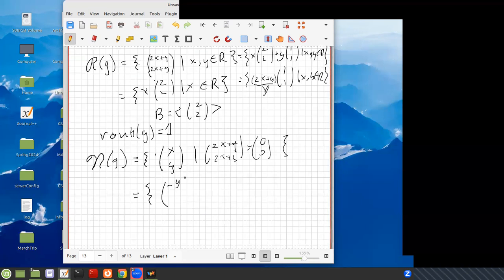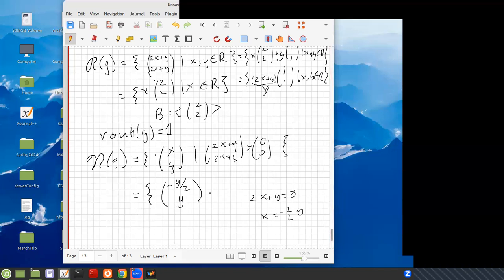You mean you want to put that as a component? Yep, and then negative 2x. Those were my two components. Because this is one equation, 2x plus y equals 0, right? I can solve for x equals minus 1/2 y. But then I just leave this as y.